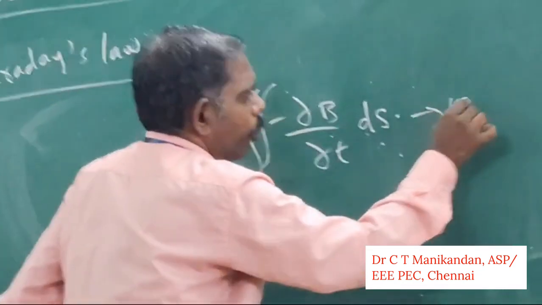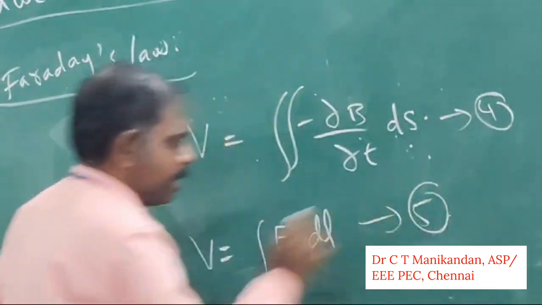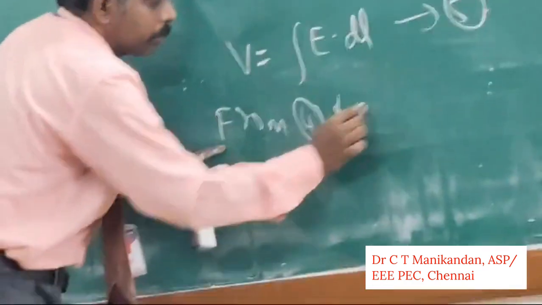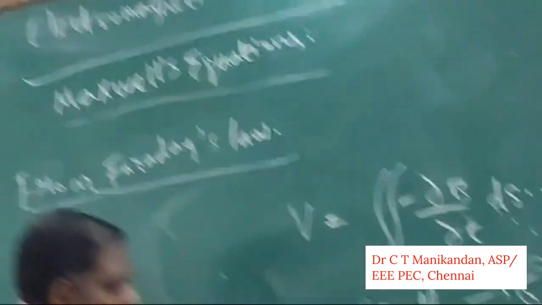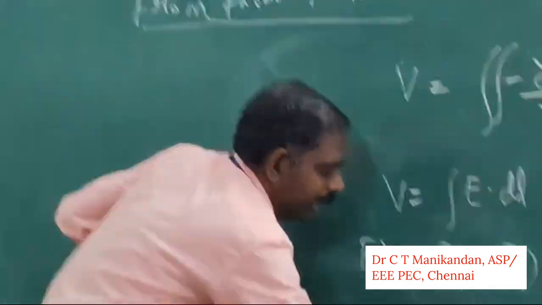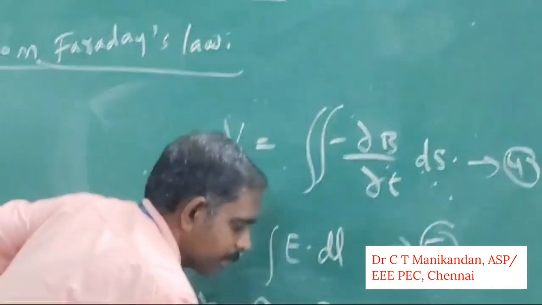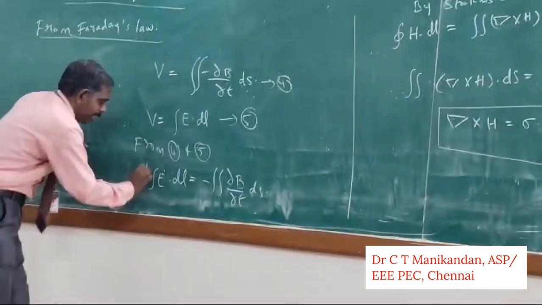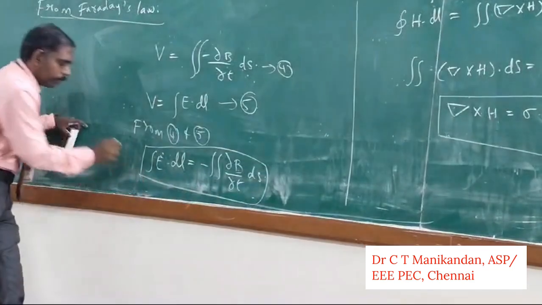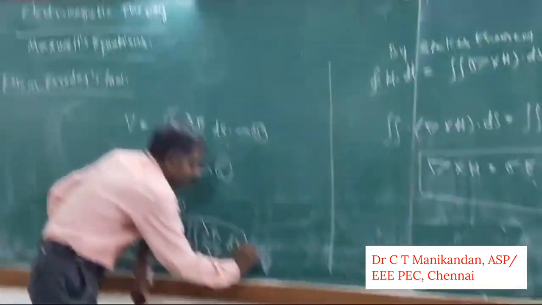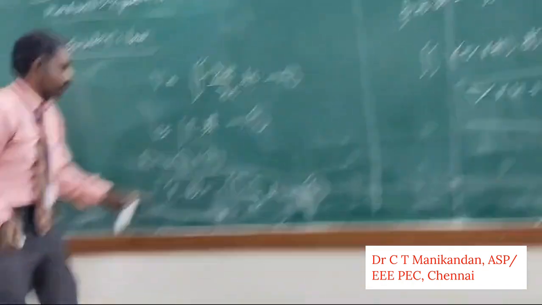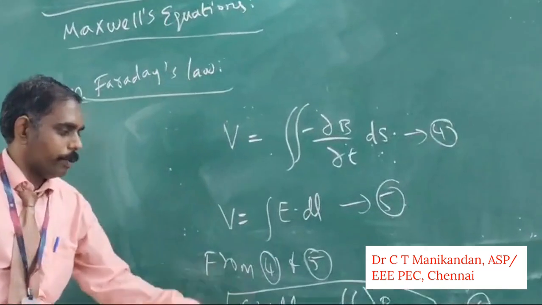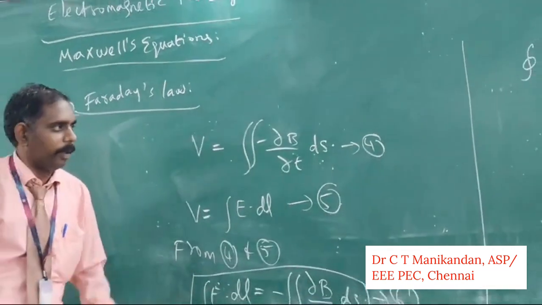Take this as 4 and this as 5. From 4 and 5, you have closed integral of E dot dl equals minus double integral of dou B by dou t dot ds. This is equation 6, which is called Maxwell's equation 2 in integral form.